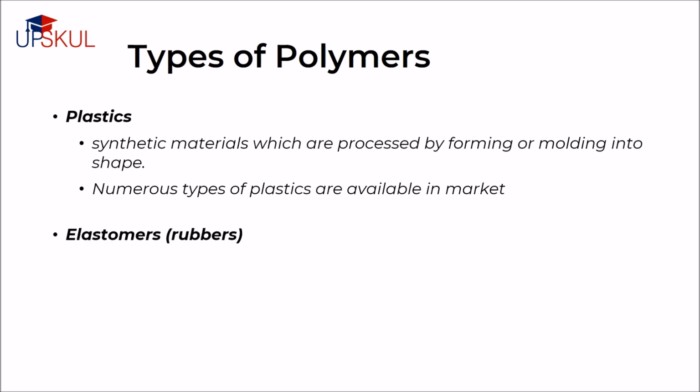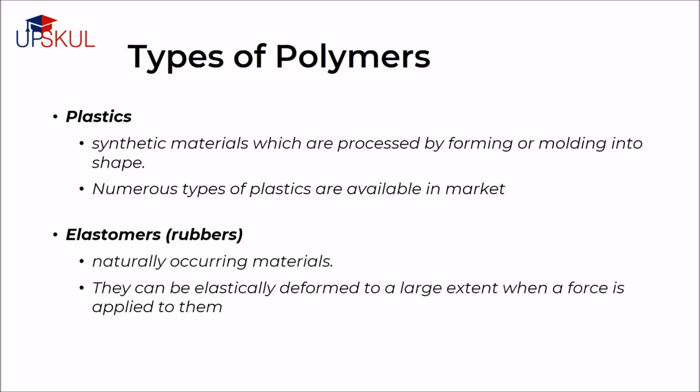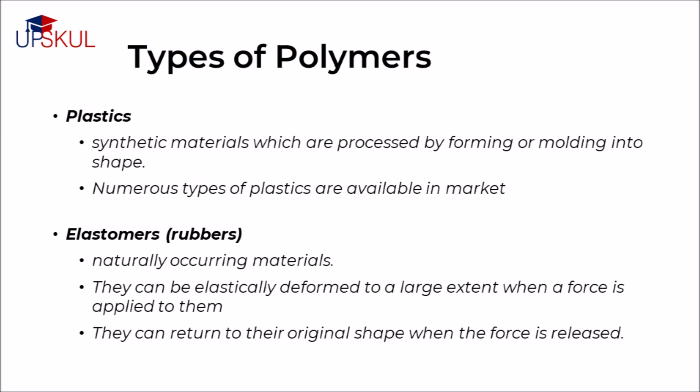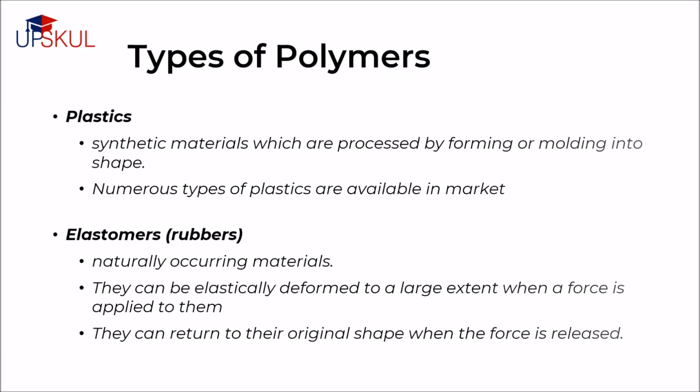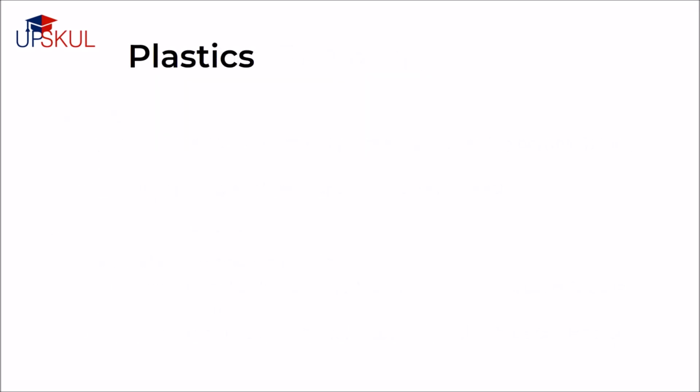Elastomers or rubbers are naturally occurring materials. They can be elastically deformed to a large extent when a force is applied to them and can return to their original shape when the force is released. The polymer plastics can be further divided into two classes, thermoplastics and thermosetting plastics.